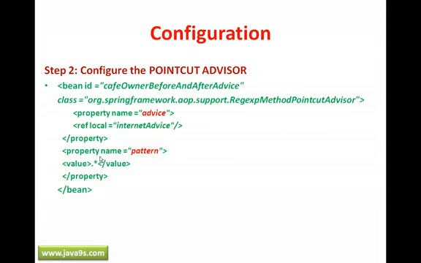And then the other property is the pattern, which gives the kind of methods the advice needs to be applied to. With the asterisk, we are telling that the advice has to be applied to all kinds of methods inside the proxy interface.